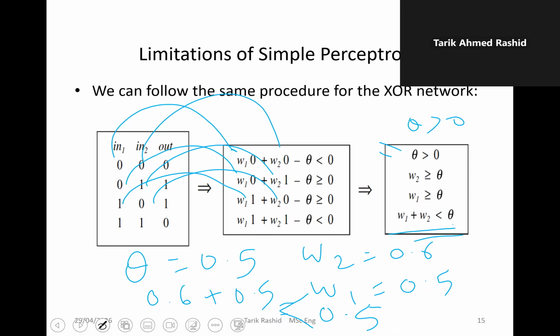So 0.6 plus 0.5 will be 1 point something. So that is wrong. This cannot be satisfied. So there's an inequality. W1 plus W2 is greater than theta, not smaller than theta, from the assumptions that we made. So that is the problem.